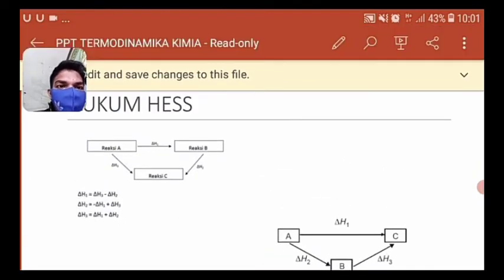We call this enthalpy changes. The letter H we call enthalpy, and delta means changes. For example, reaction A goes to reaction B. There are changes in that process, which involve the enthalpy changes.